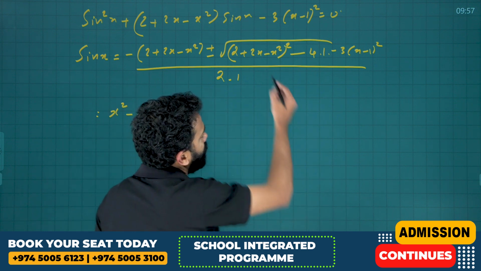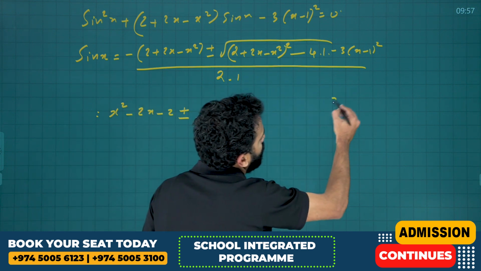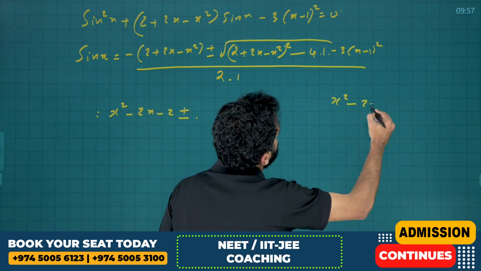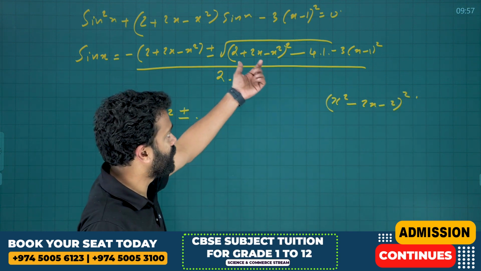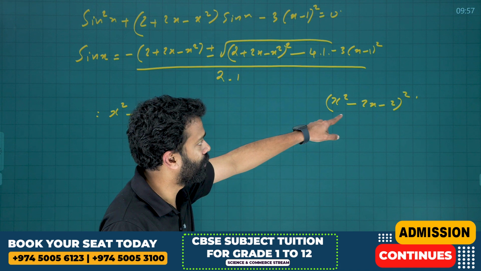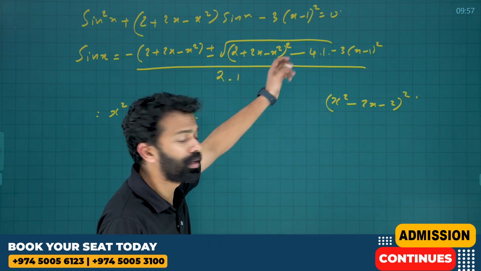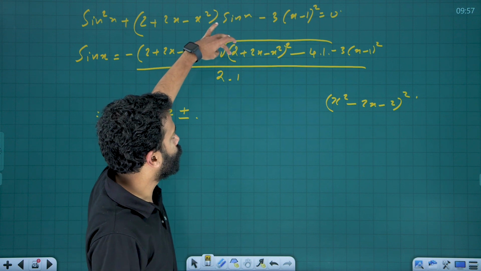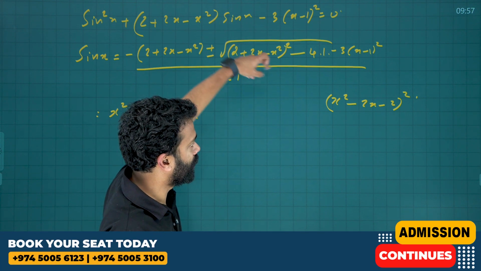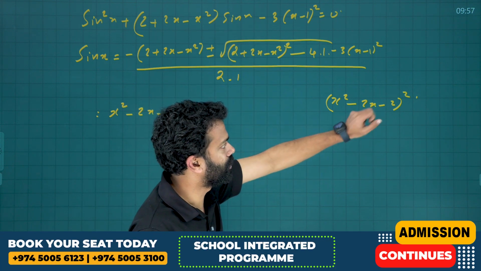See, we know that this can be written like (x square minus 2x minus 2) the whole square, right? The square of a number and the square of the negative of the number are the same. Therefore, 2 plus 2x minus x square is the same as x square minus 2x minus 2.